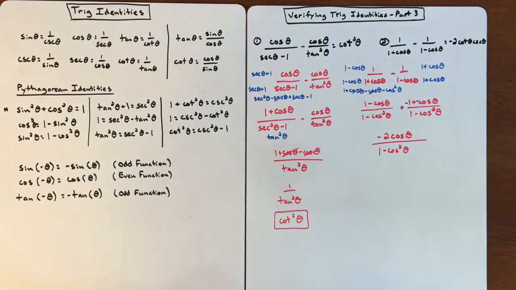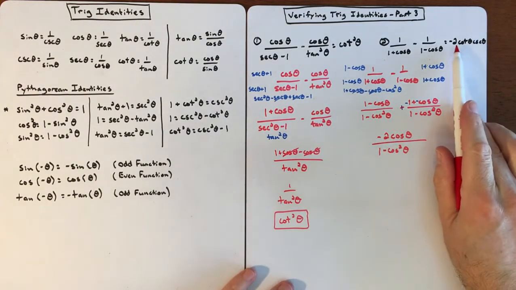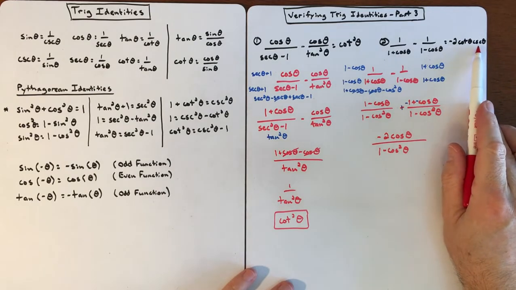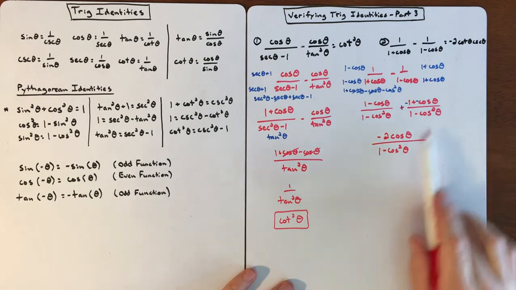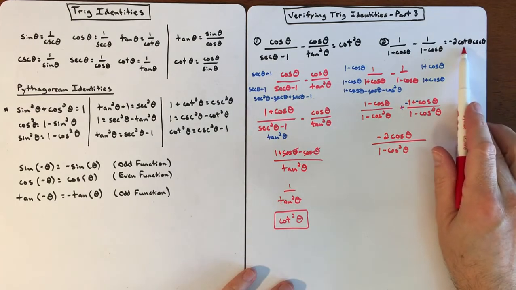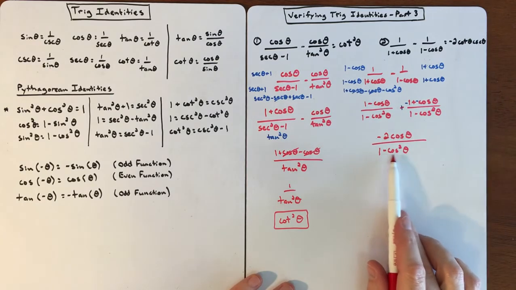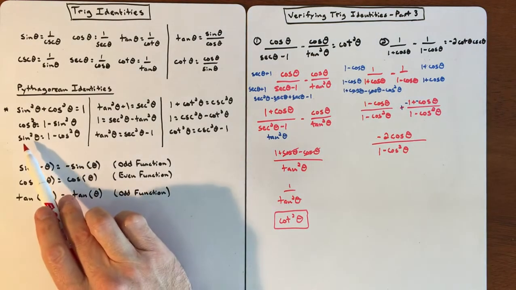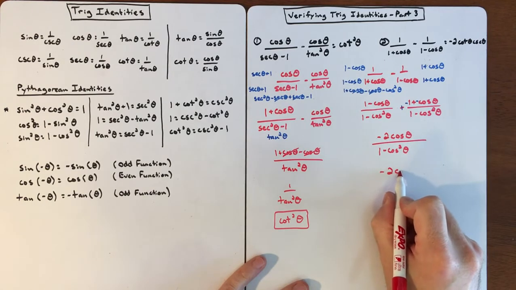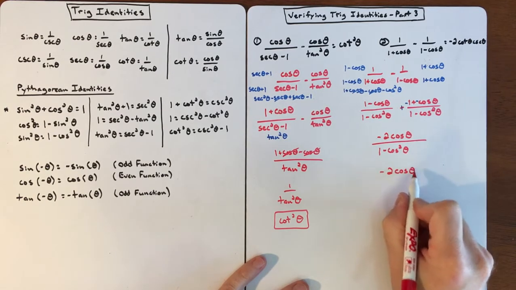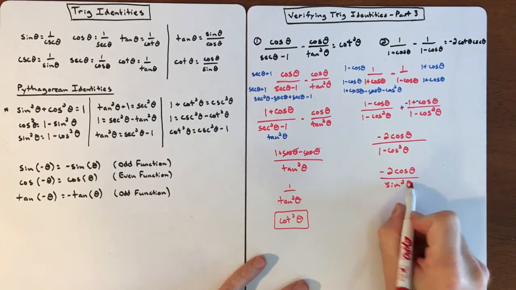Okay, so we're still trying to figure out where we're going. Here's our negative 2, that's a good sign. This cotangent cosecant, I don't know. It's got to be something with this, because this doesn't have a denominator anymore, so whatever's in the denominator has to come up. And it's this piece, this 1 minus cosine squared, is sine squared. So we can rewrite that as negative 2 cosine theta over sine squared theta.